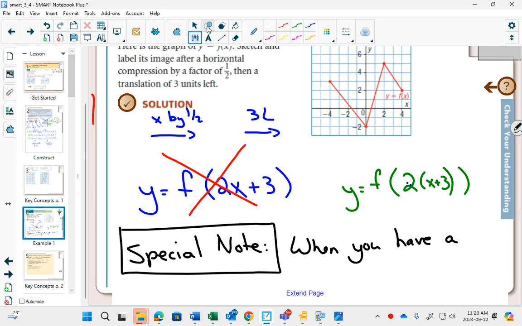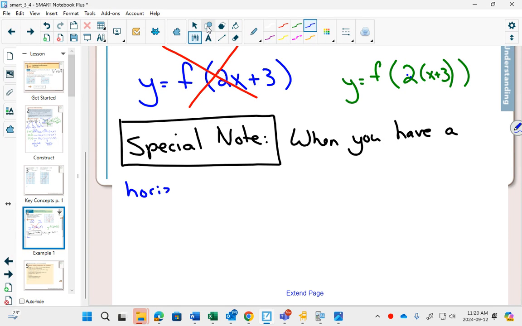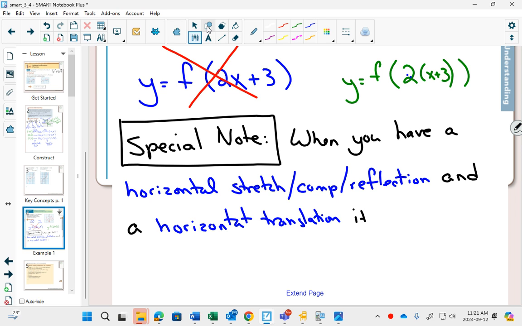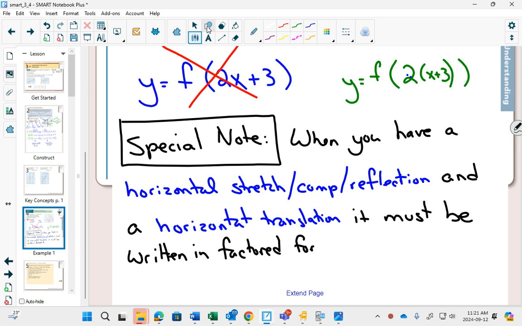When you have stretch slash compression slash reflection and a horizontal translation, the stretch, the reflection, the compression has to be factored out. It has to be written in factored form.